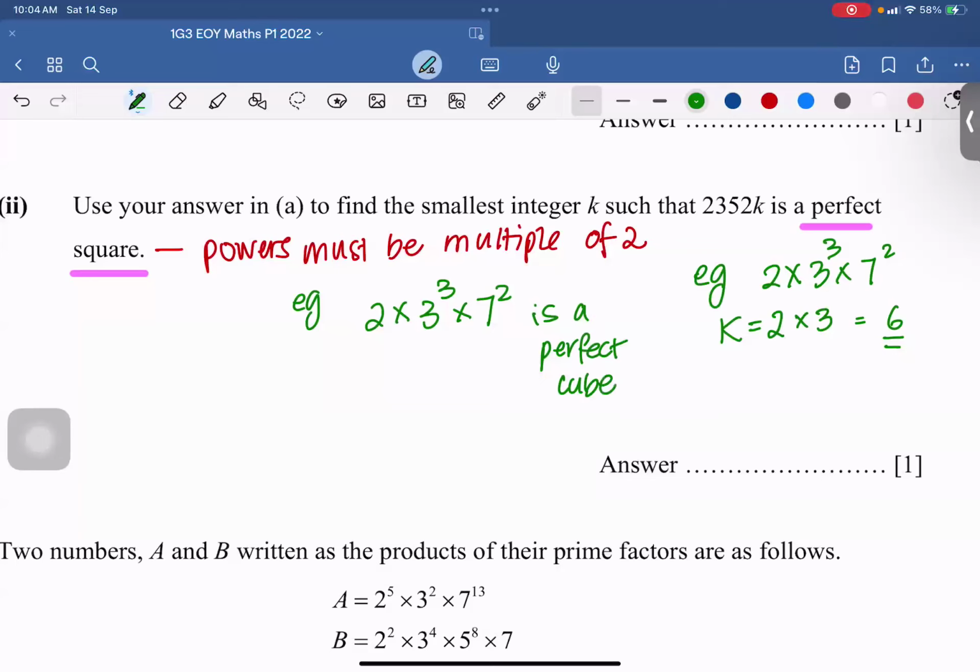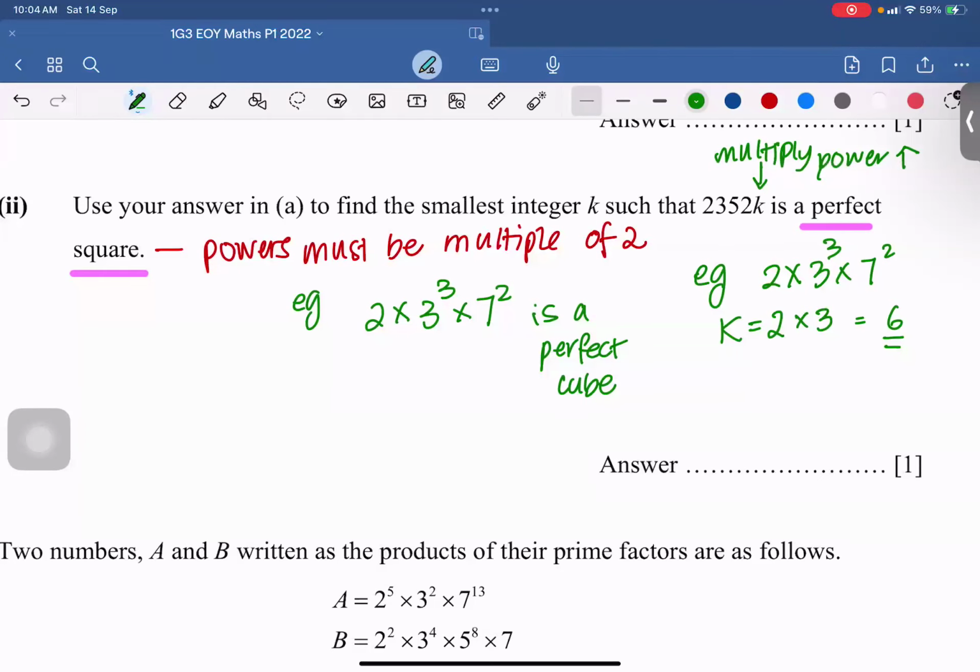First thing, when you multiply by a number, the power will increase. It is slightly different when you do division. When the question says divide by k, that will be another type of question.